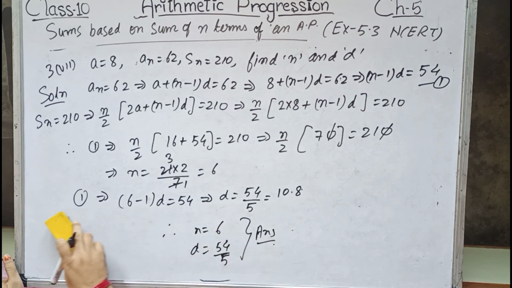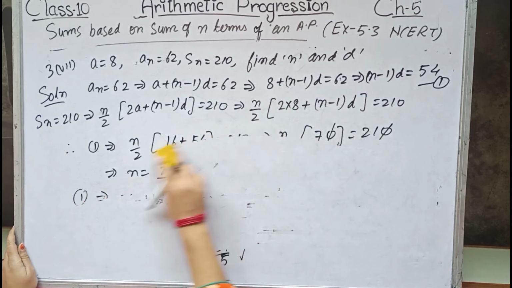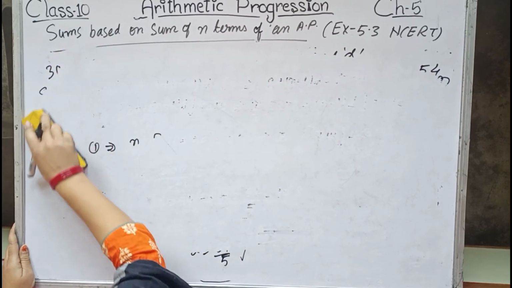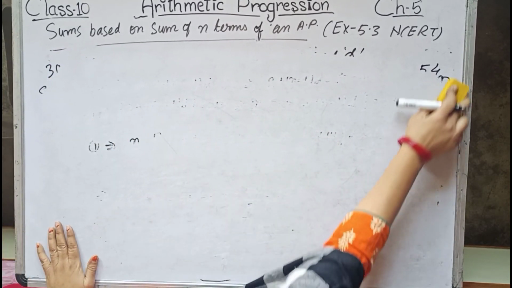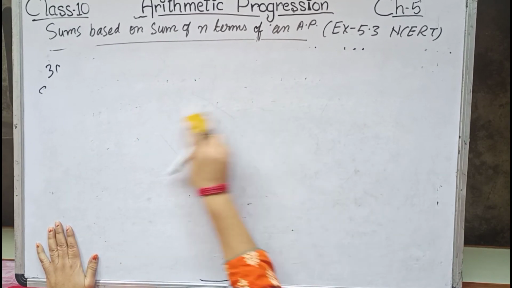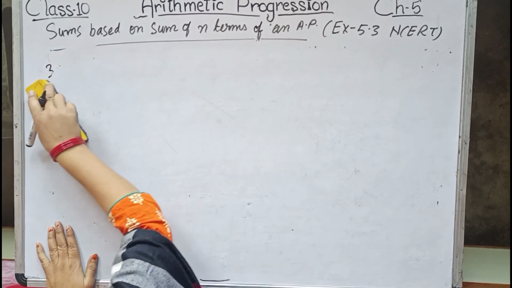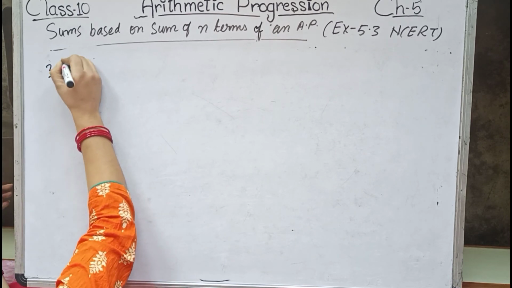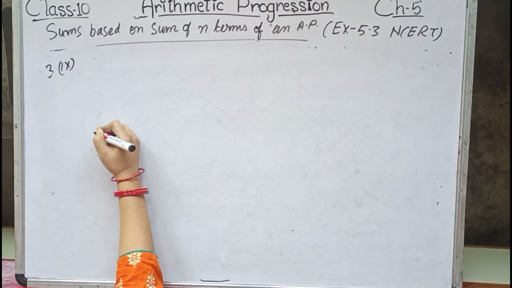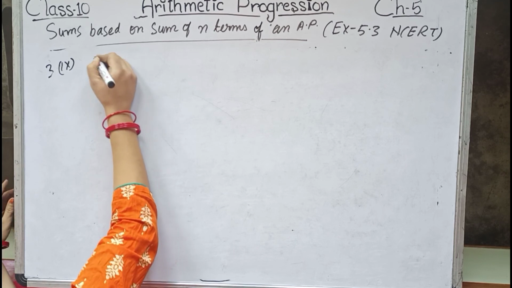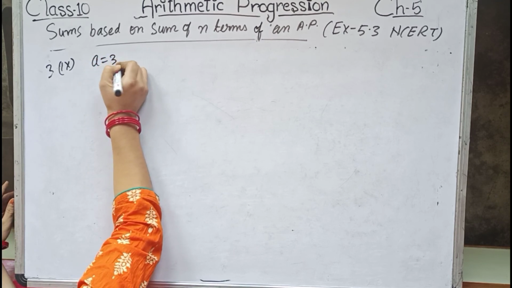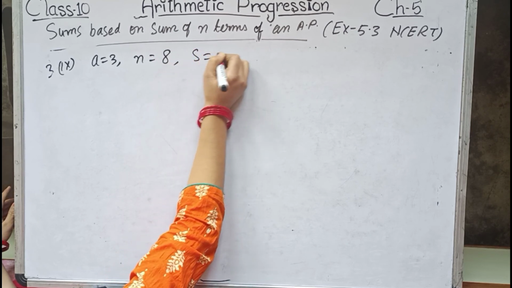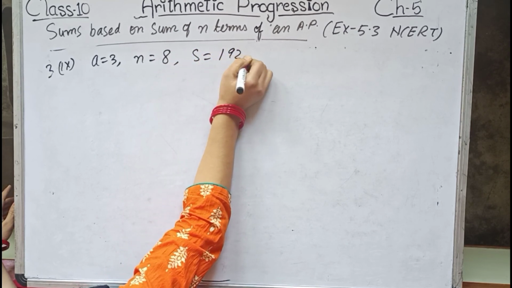Let us move to the 9th subpart. Ninth: A equals 3, n equals 8, S equals 192.